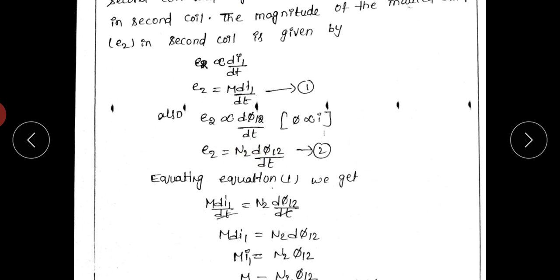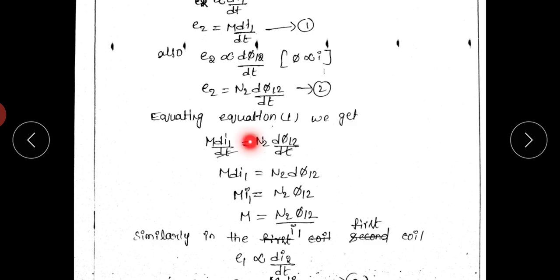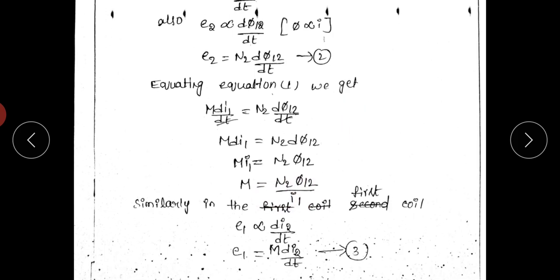Now by equating equations 1 and 2, we can write M into dI1 by dt equals N2 d phi12 by dt. Both sides dt cancel. M into dI1 equals N2 into d phi12, or M into I1 equals N2 into phi12, so M equals N2 into phi12 by I1. Here N2 is the second coil number of turns, phi12 is the part of the first coil flux that links with the second coil, and I1 is the first coil current.